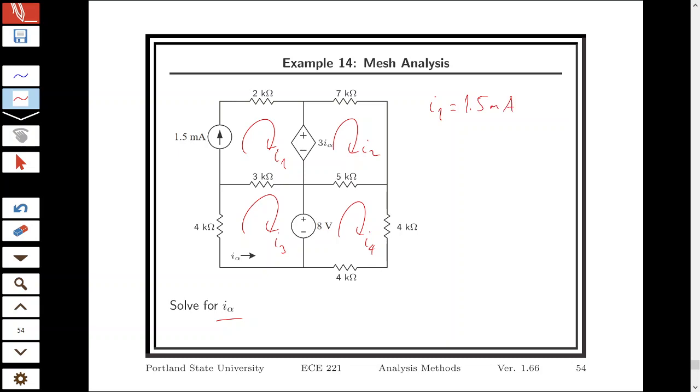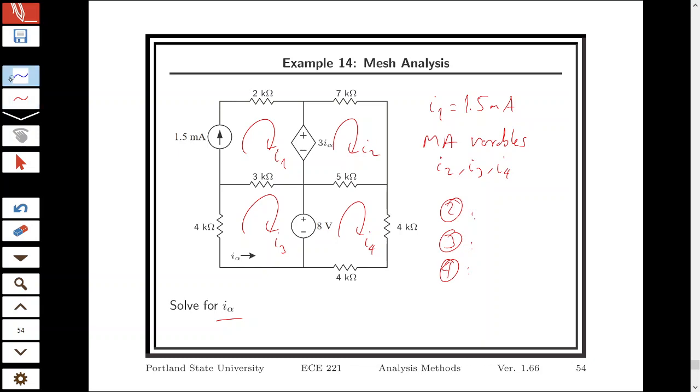So there is no need to assign a variable for it. Then the mesh analysis variables are I2, I3, and I4, right? So we need to write down 3 KVL equations in the second, third, and fourth meshes, right?